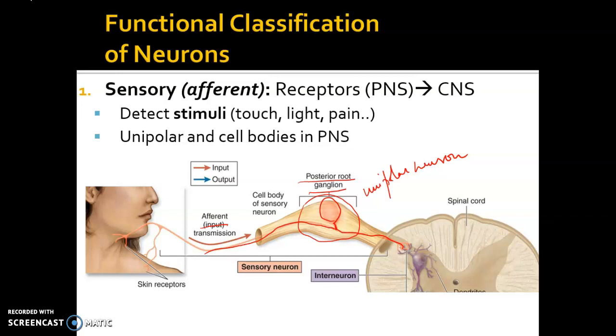And the interneuron, I compare the interneuron as parent. So if you are a parent, and let's say you have two kids, and they are fighting with each other. What do you do as a parent? They come to you, they complain, and you are the decision maker, right?